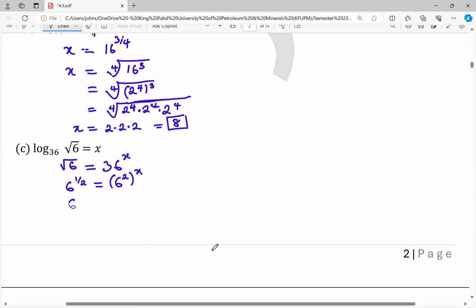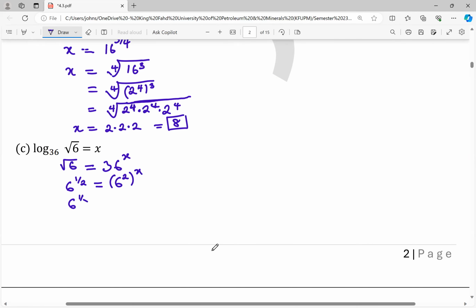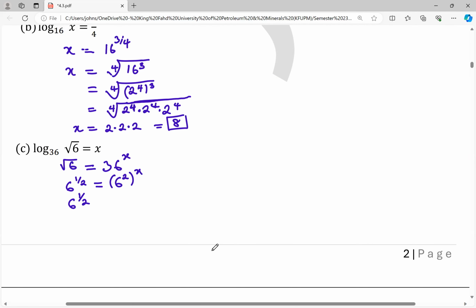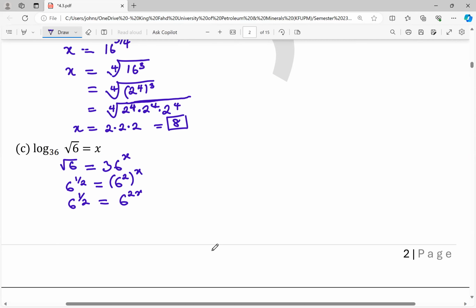So we have 6 to power 1 over 2 equals 6 to power 2x.